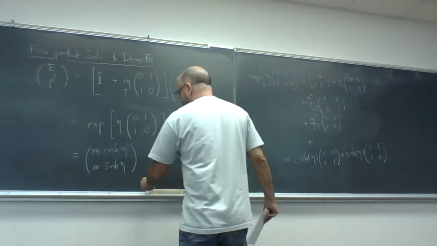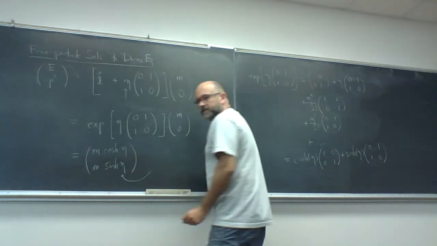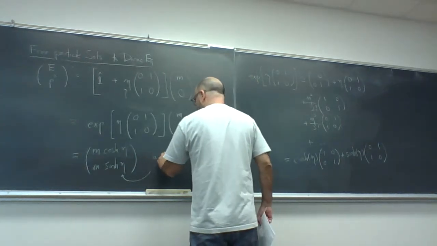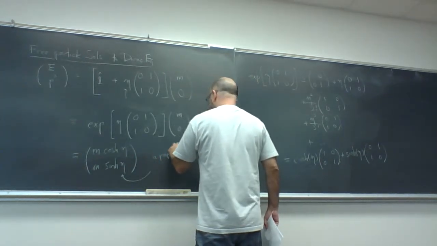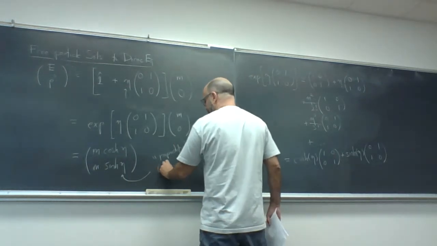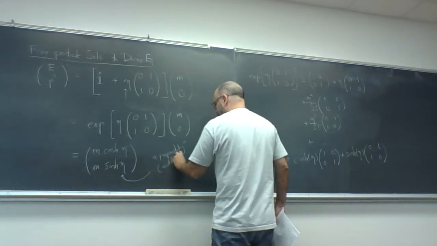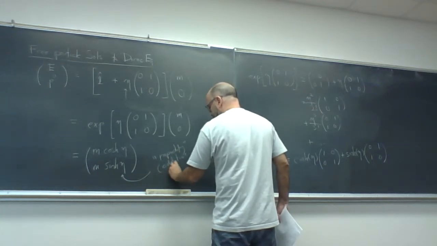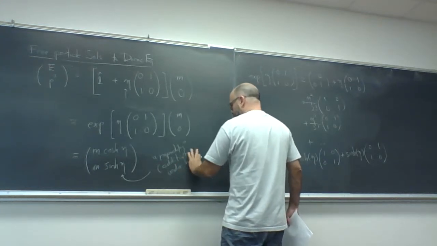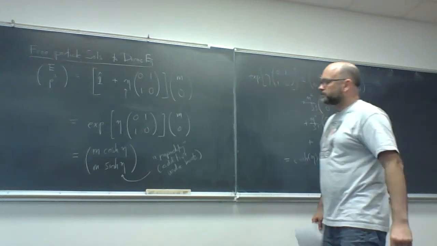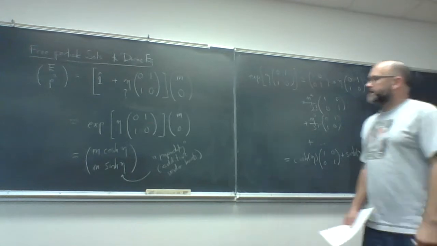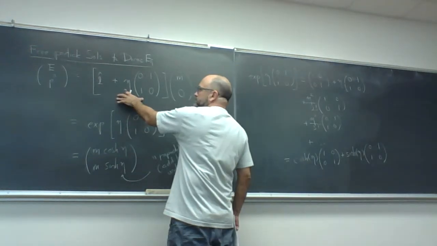And this eta, you learn about it in Jackson, chapter 11 or 12, whatever special relativity is. It's called the rapidity. And rapidity is a nice quantity because it's the thing that's additive under boosts. All right, so that's how you want to do these boosts.